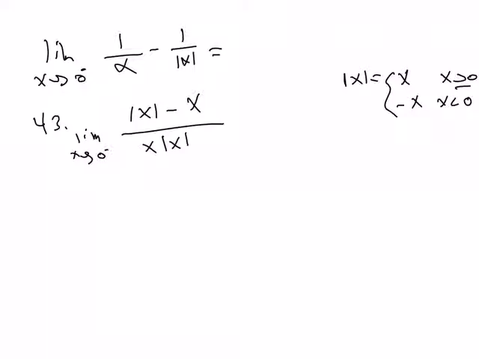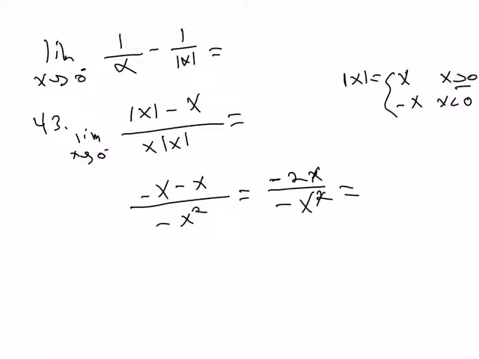So we are from the left, so x is less than 0. So this becomes negative x minus x over negative x squared. That's what we get. So this is going to be negative 2x over negative x squared. These are going to cancel, so this is going to be negative 2 over negative x.